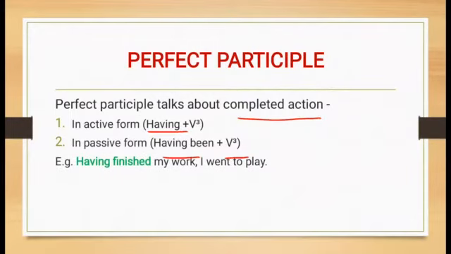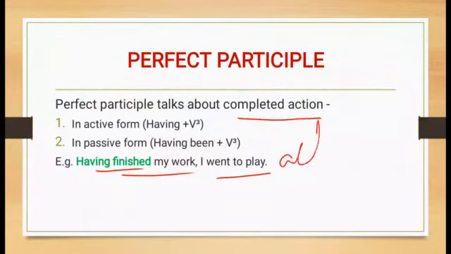Let's understand this with the help of an example. Having finished my work, I went to play. Here, the first action of finishing the work is completed and the second action, went to play, started. So, having finished is the example of a perfect participle in active form, or you can say active voice.